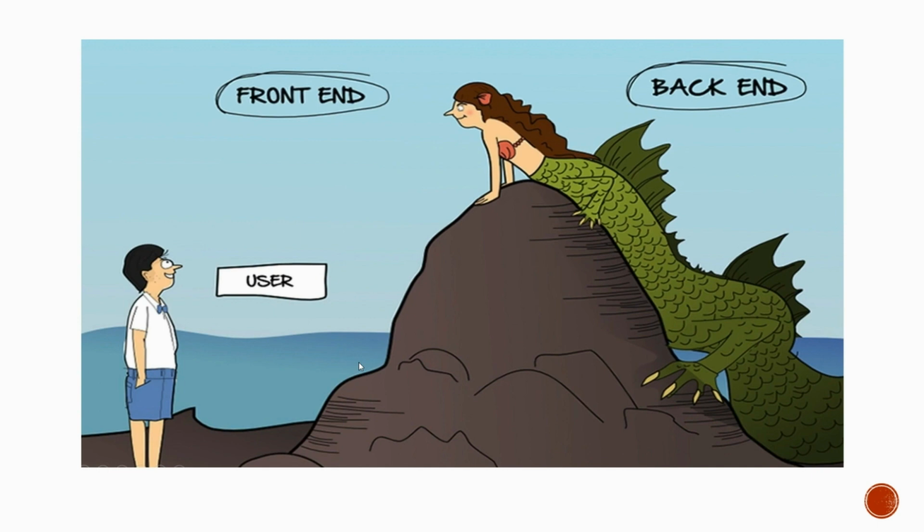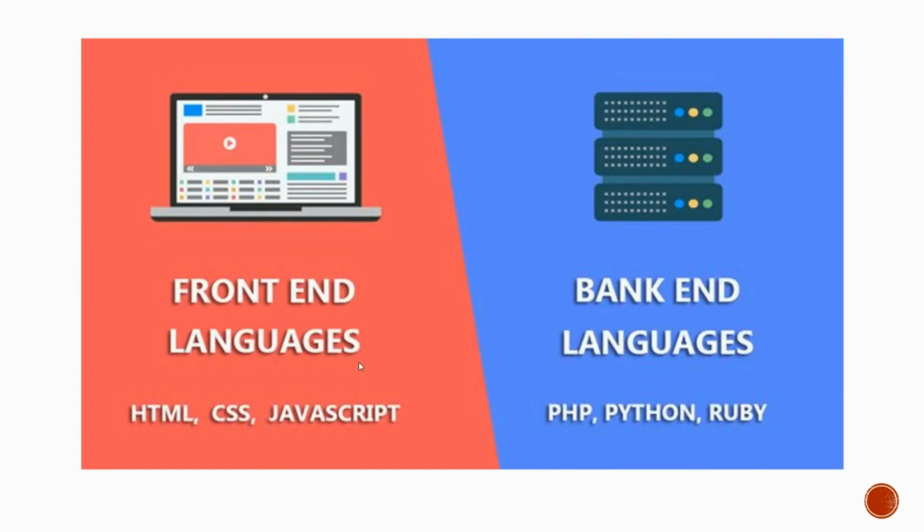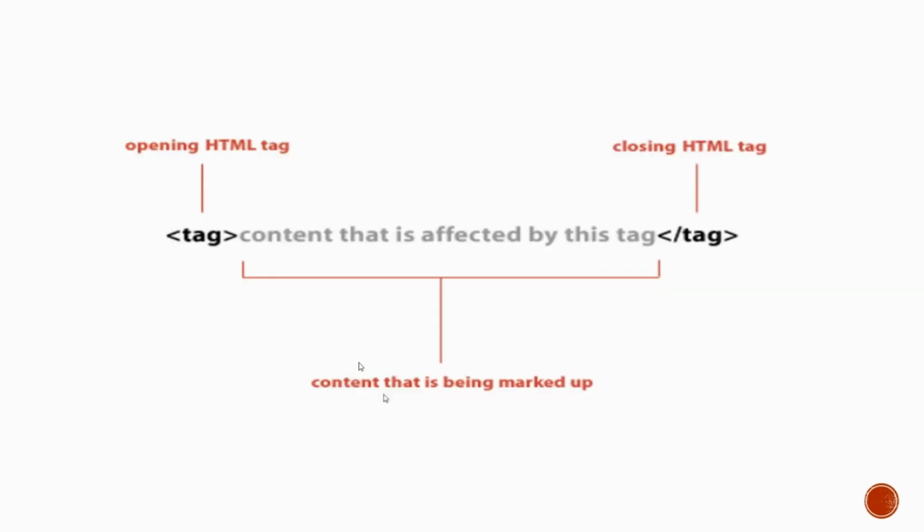Okay, to understand better, here is the front end and back end. For human friendliness, I have represented it like this. Okay, now front end and back end. Some of the front end languages are HTML, CSS, JavaScript. Back end languages are PHP, Python, Ruby.